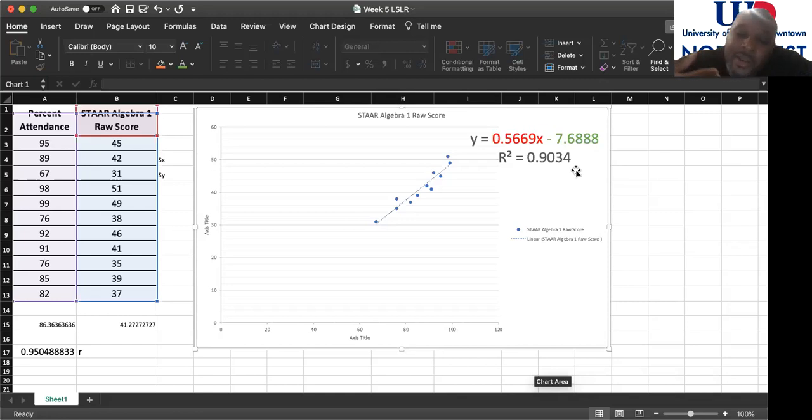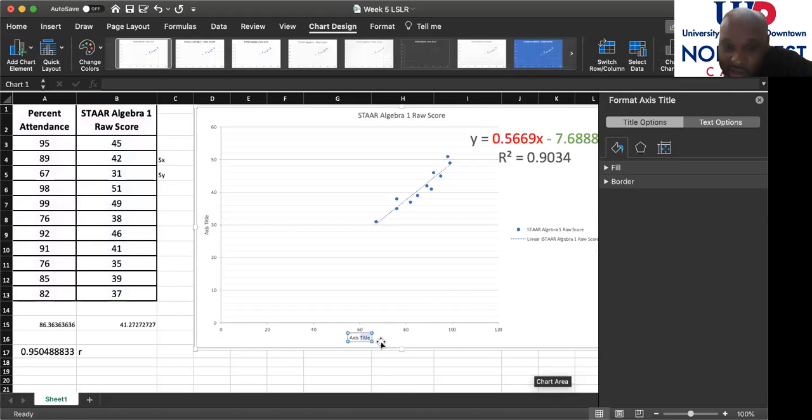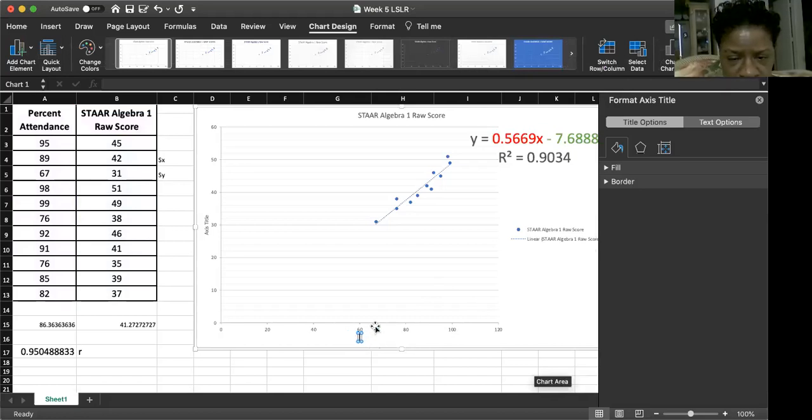And then if I want to interpret the slope, it says this. Remember, this axis right here is the percent attendance. I'm trying to change that axis title. Just type it inside. There you go.